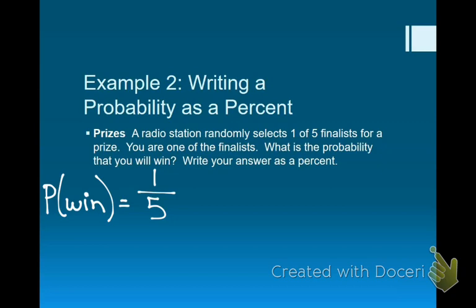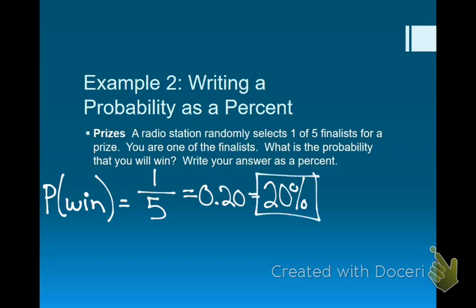We're at 20%. I like to just convert it to a decimal, and then that's 20%. I convert it to a decimal because it works every time. I don't have to worry about my method potentially not working if the denominator is not divisible by 100. So the probability that I'll win is 20%.